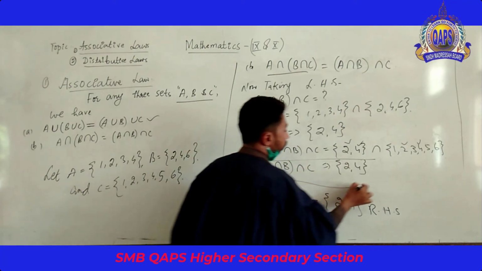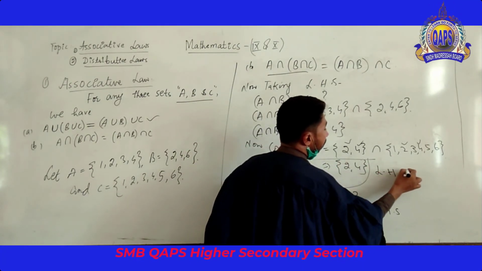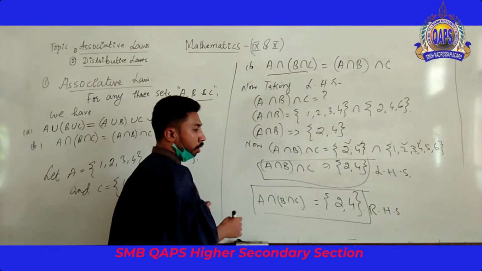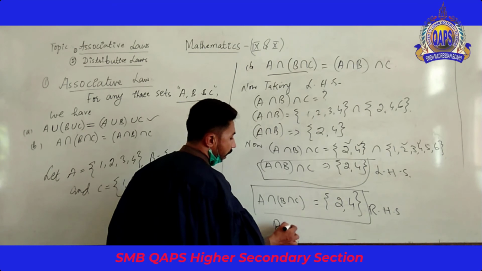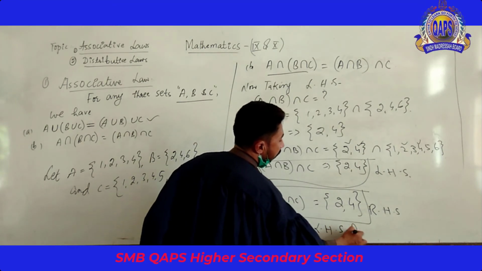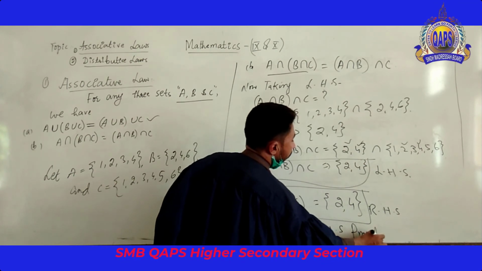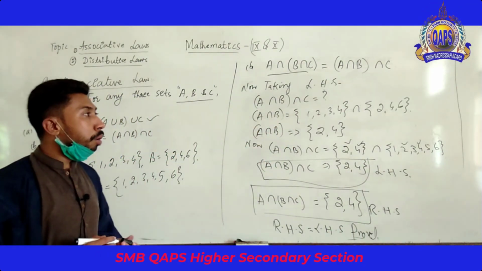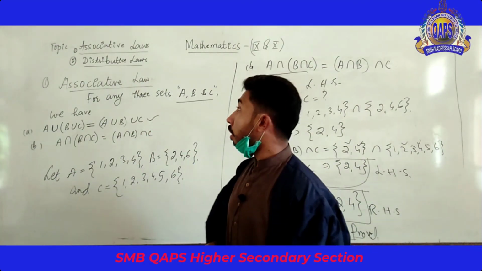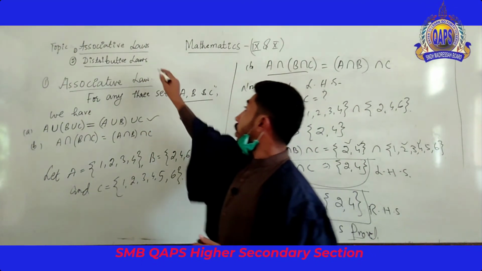So this is the left hand side and this one represents the right hand side. So we can say that the right hand side is equal to the left hand side and this will be proved. Now the second law is the distributive law.